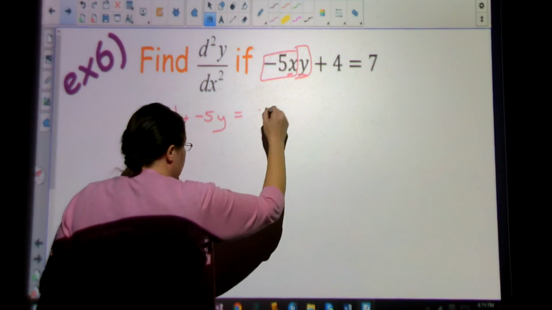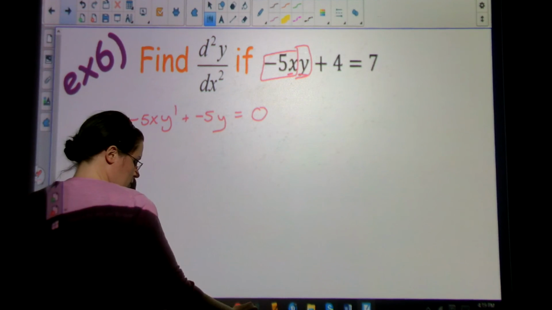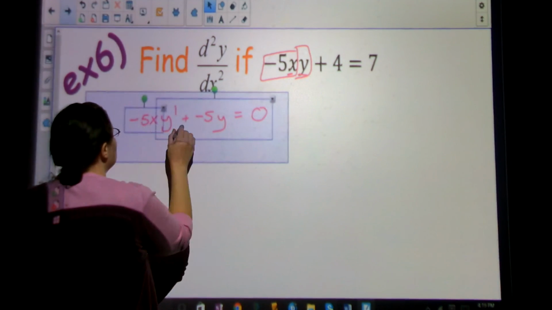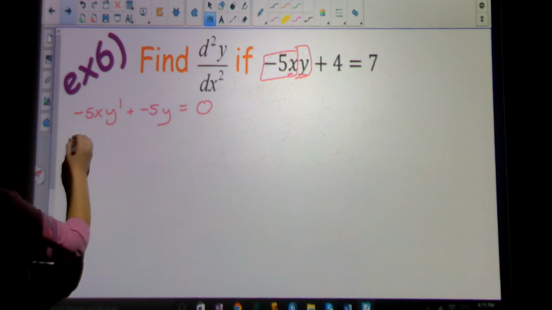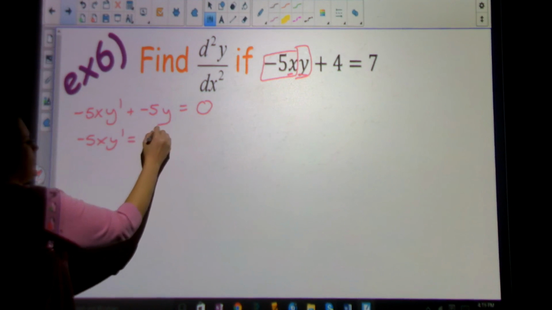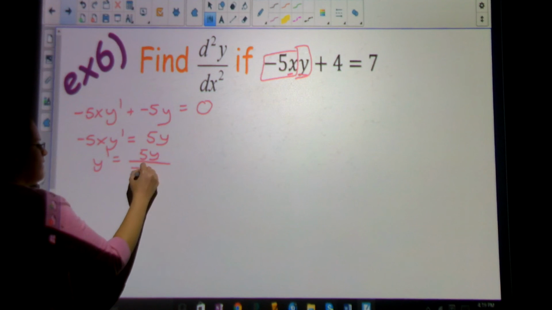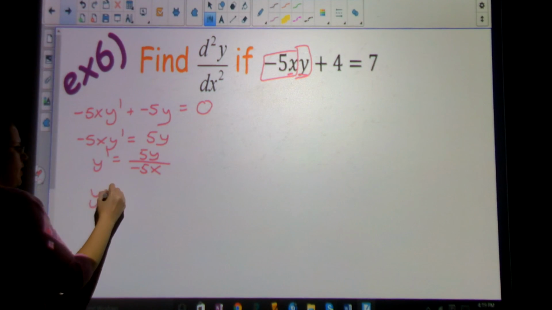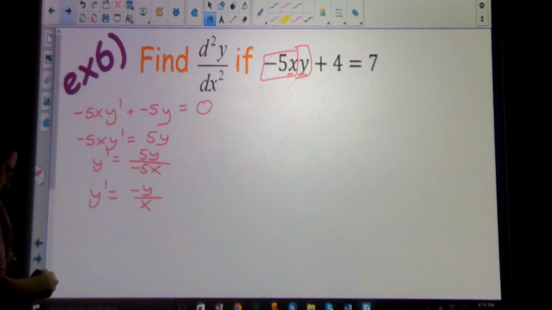That's 0 and 0. I'm going to move some of this over and give myself a little more space. Okay, solve for y prime, so I have negative 5x y prime equals 5y. y prime equals 5y over negative 5x. So y prime is negative y over x, when I put my negative up top.